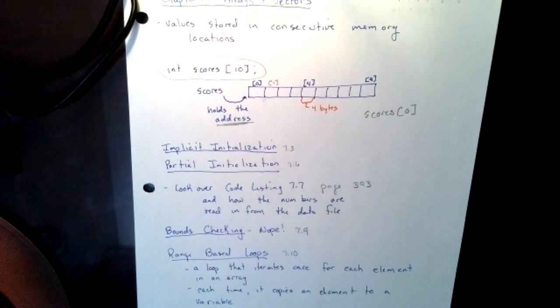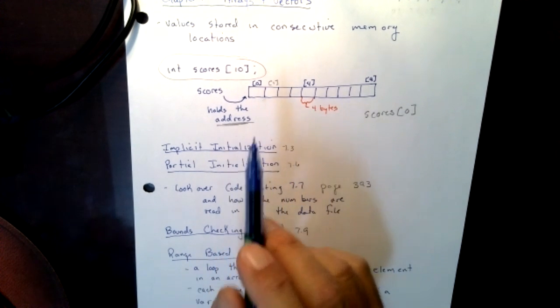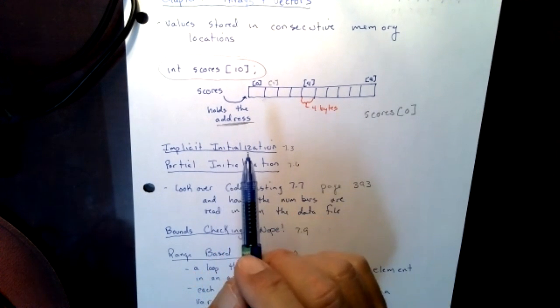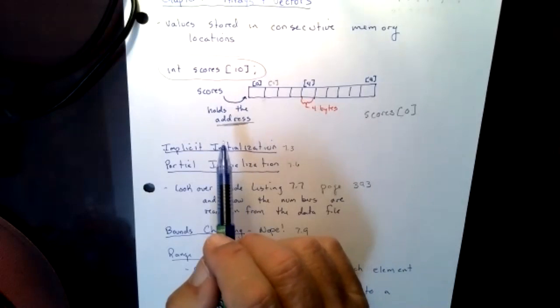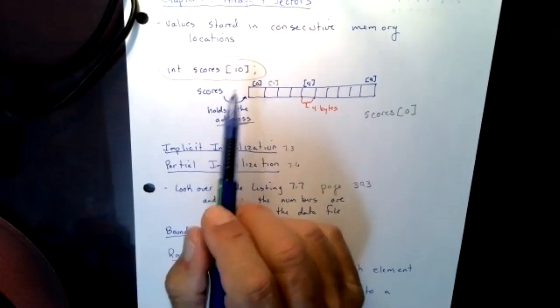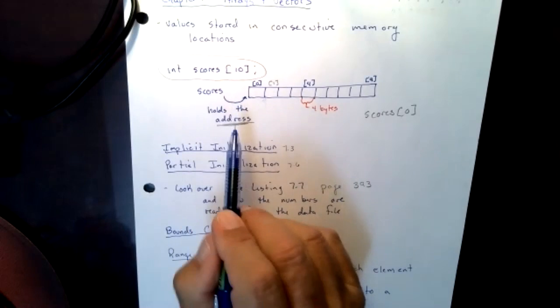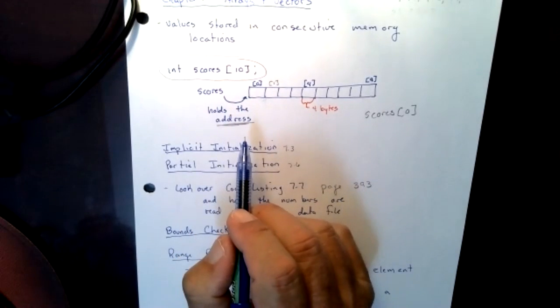We did the reference variable the other day with the ampersand. And when we get into chapter 9, we're going to take a bigger look at working with memory addresses and storing data there, which really is a building block for something you'll do with data structures in the next class. So the word scores actually holds the memory address, okay?